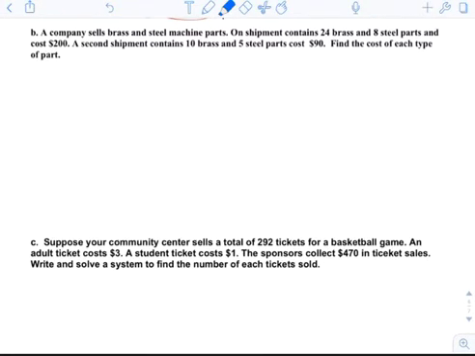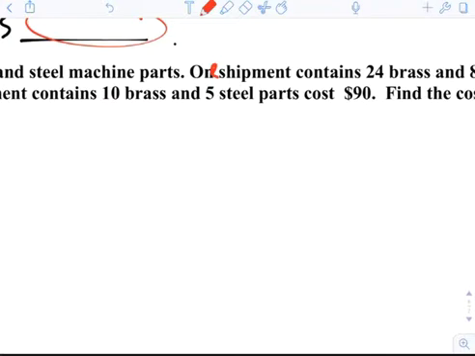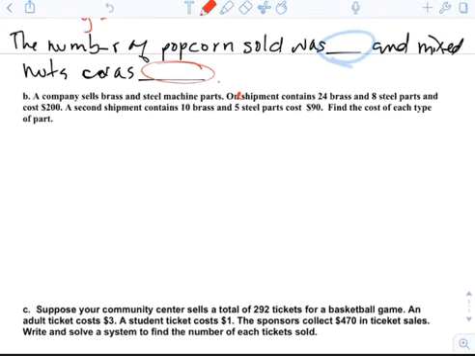B. A shipping company sells brass and steel machine parts. One shipment contains 24 brass and 8 steel parts and costs $200. One shipment.